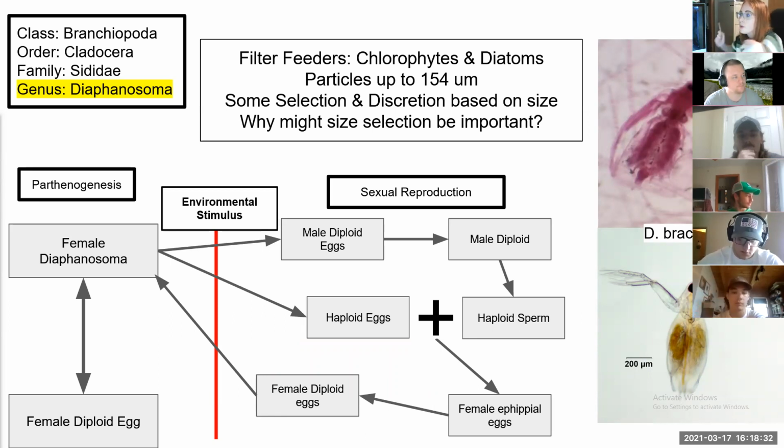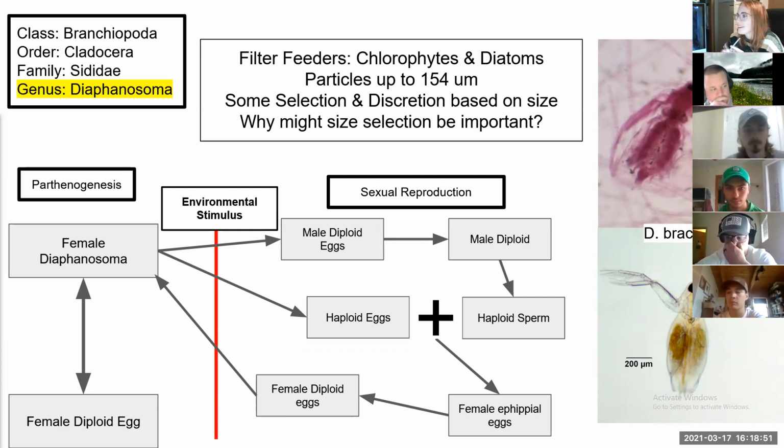So thinking about your question and your problem set, what does it signal if you're finding these epithelial eggs in your plankton toes? That the conditions are right, or there's some condition that's favoring sexual reproduction rather than parthenogenesis. Yeah, there is a condition that's going on that is suggesting that they should do sexual reproduction instead of parthenogenesis.